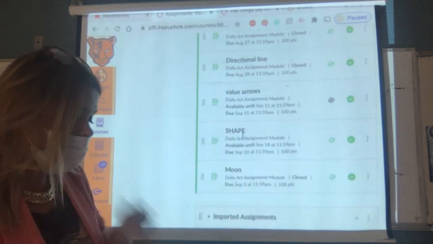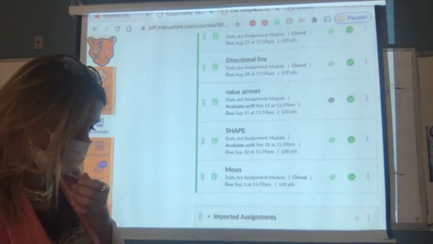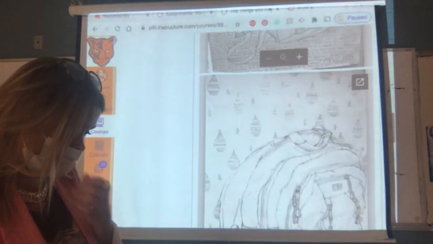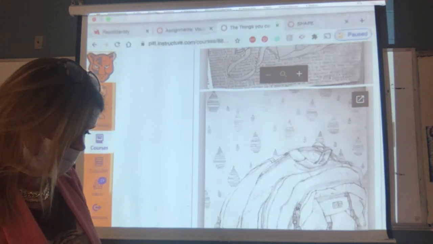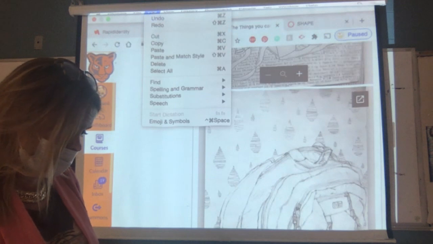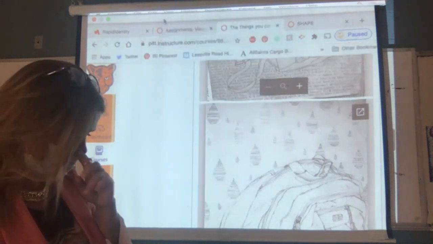Yesterday we did the value arrows, and speaking of which, I have to show you an example somebody submitted.